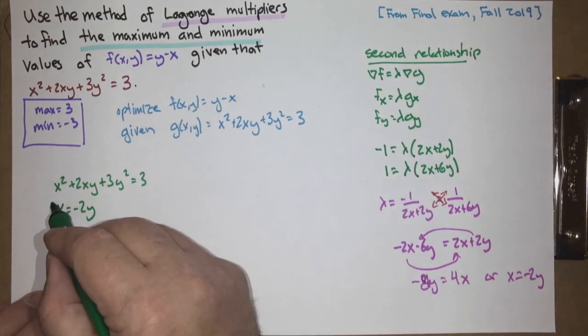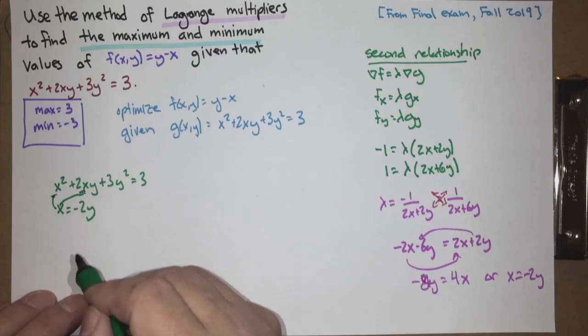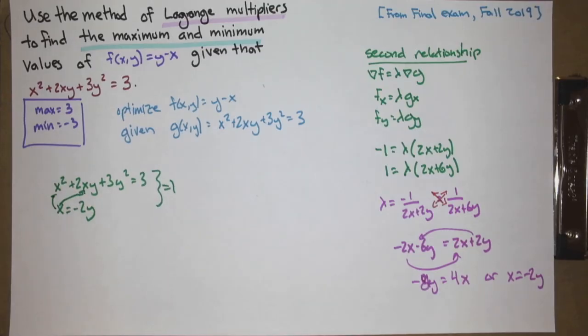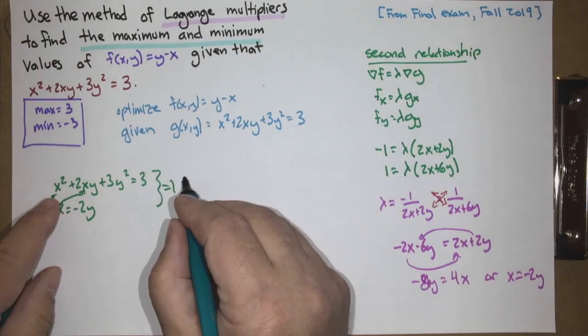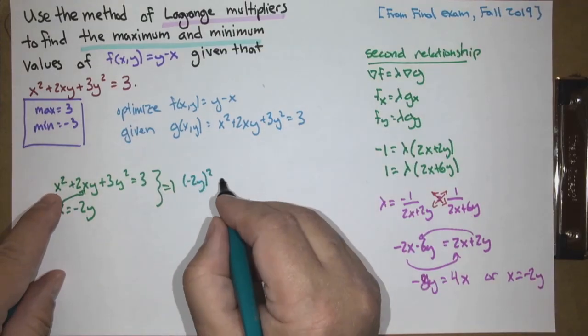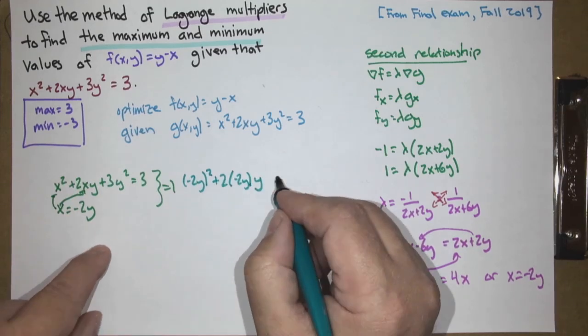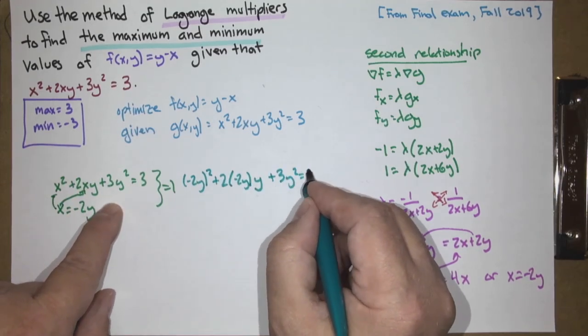So everywhere we see an x, in goes a minus 2y. What is that going to give us? Well, we're going to get minus 2y squared plus 2 times minus 2y times y plus 3y squared equals 3.